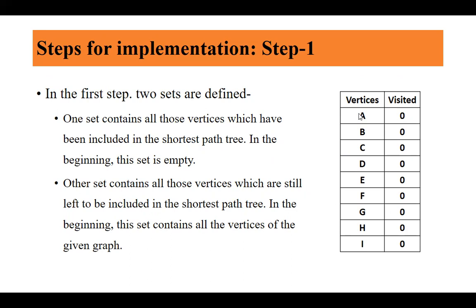The other set contains all the vertices which are still left to be included, and in the beginning this set contains all the vertices of the given graph. So these are the two sets: this is the one which is not visited and this is the one which will be visited, considered in the shortest path tree. These are the two sets that will be maintained. So here we have taken a table structure.